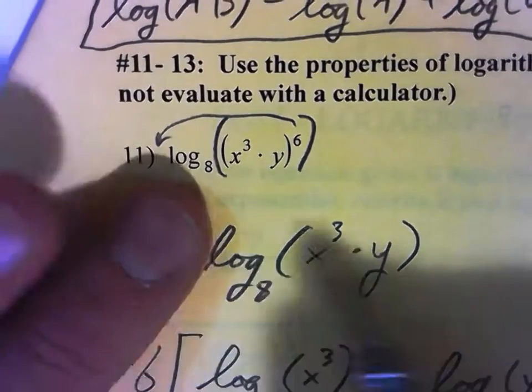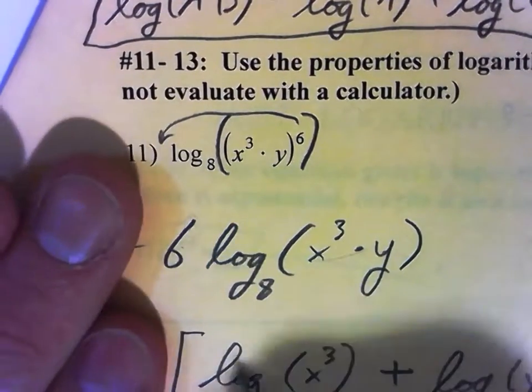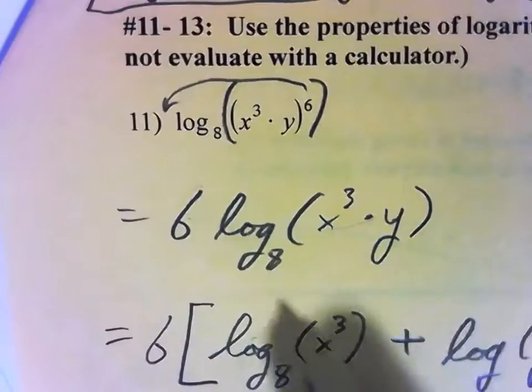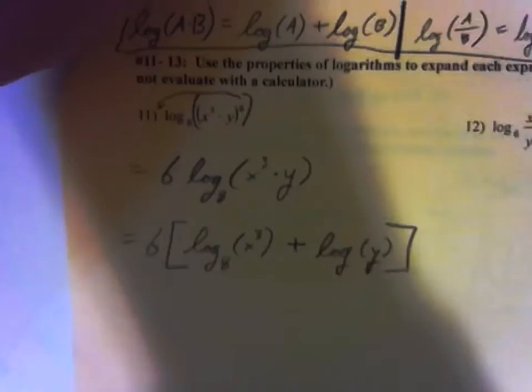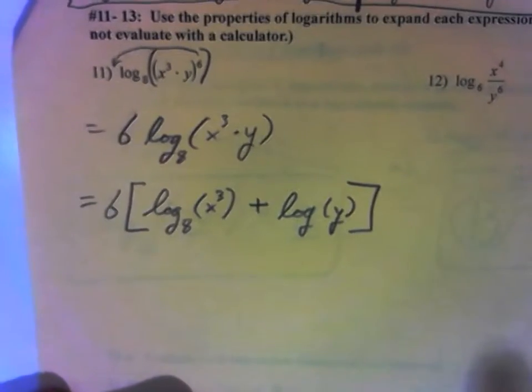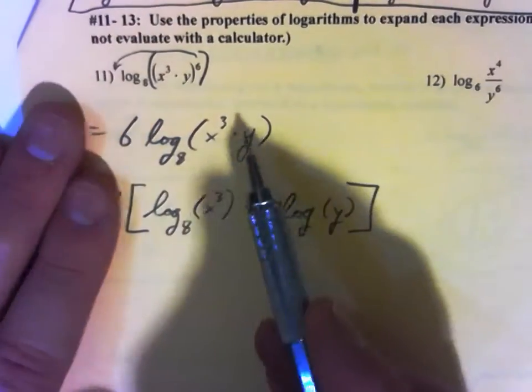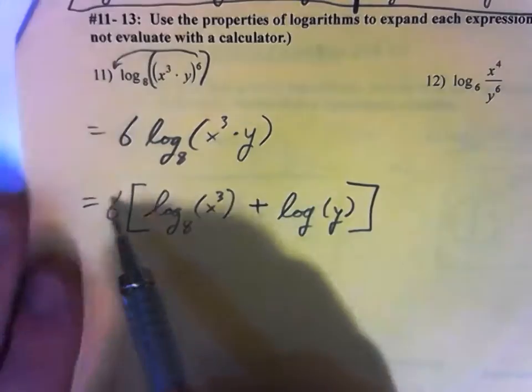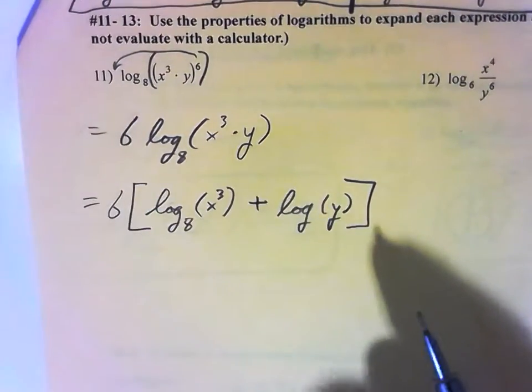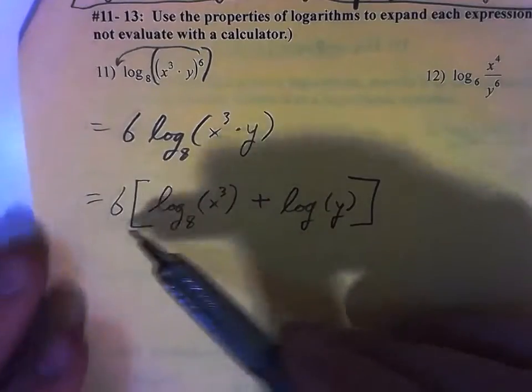And remember, the 6 is times this log, which became that log plus that log, so it's 6 times this whole thing, where I got the big bracket parentheses there.